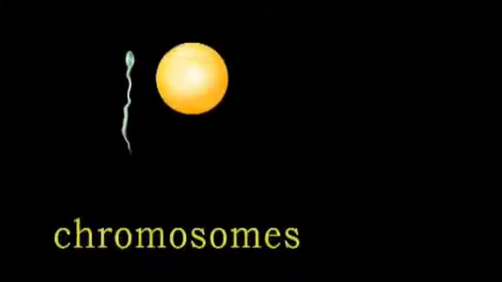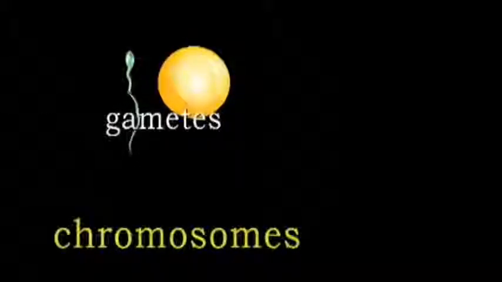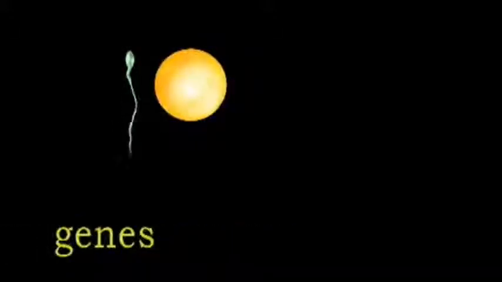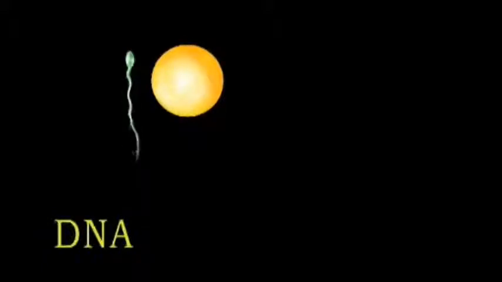Each cell in our body contains 46 chromosomes except for the female egg cell and the male sperm cell. These cells, called sex cells or gametes, each contain 23 chromosomes. Chromosomes are made up of smaller units called genes. Genes carry the coded information for every person's heredity in molecules called DNA.